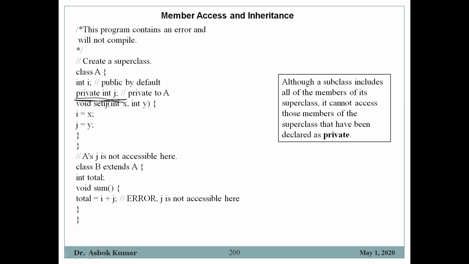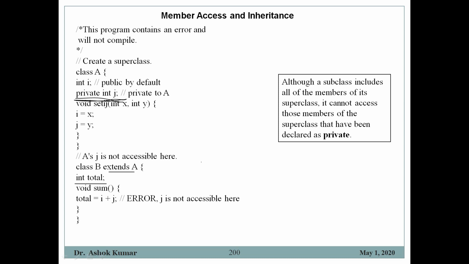There is one method, set ij, that is assigning the values to the i and j instance variables of the class, and then we are extending this class A to another class B. There is one member total and one method sum.